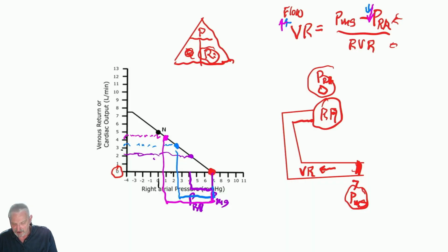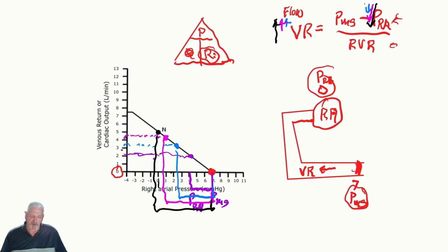Finally, back to our normal right atrial pressure of 0, we have this difference here. We get an even bigger venous return, because we have an even bigger decrease in right atrial pressure, making this difference bigger. All along, the mean systemic filling pressure stayed fixed at 7 millimeters of mercury, so we're assuming nothing changed except right atrial pressure.